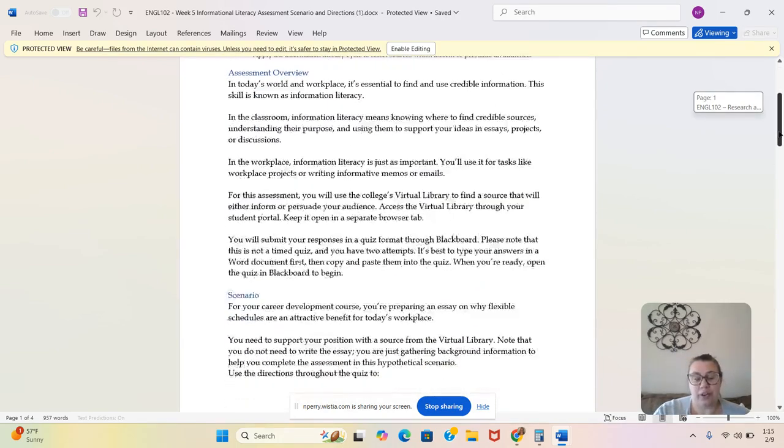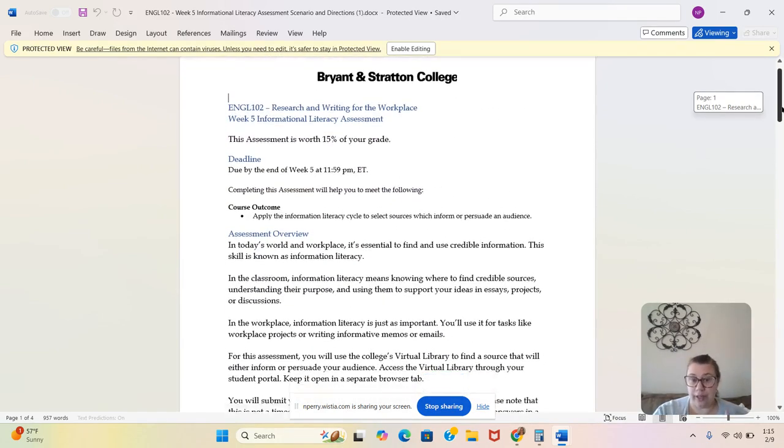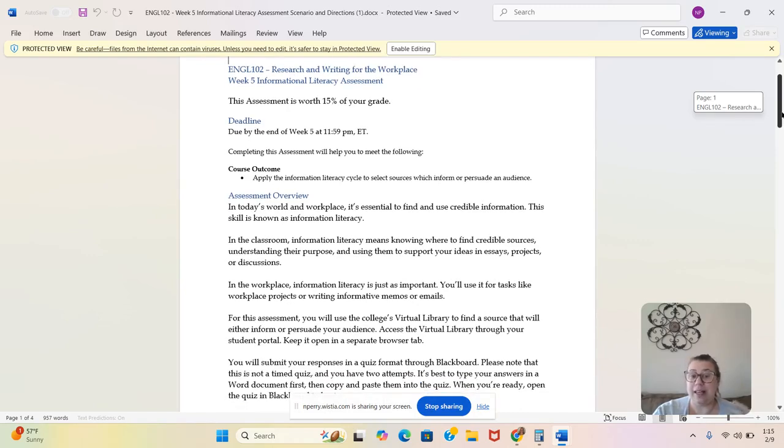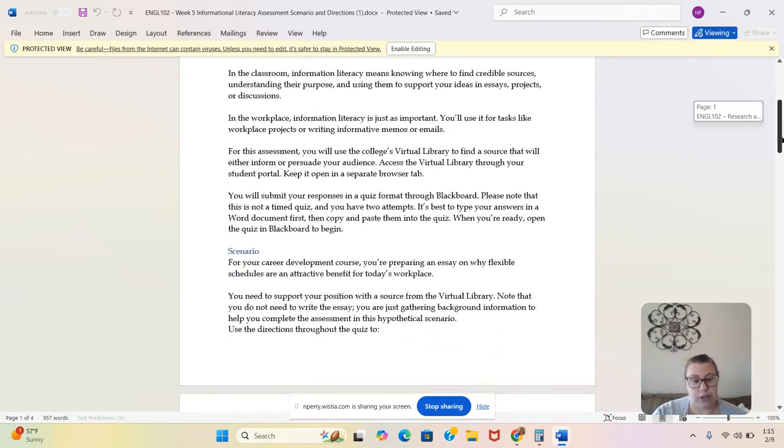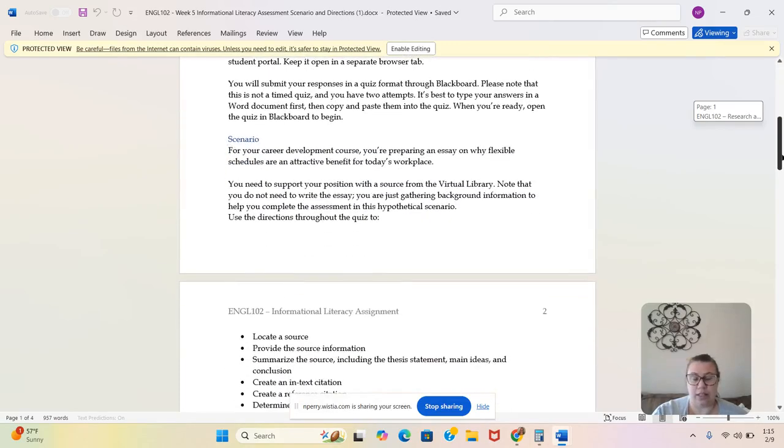As you're going through, please make sure that you read through this assessment. This assessment is worth 15% of your overall grade, so please take the time to read over everything to make sure that you understand what you're going through.